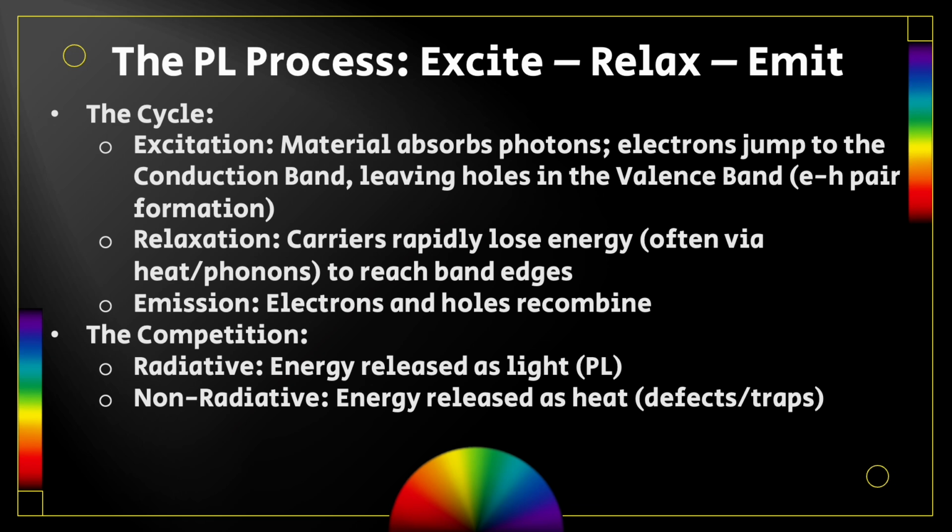This competition is why PL is so useful. If your material has many defects, the non-radiative path wins, and you get very little light. If the material is high quality, the radiative path wins, and the PL signal is strong.